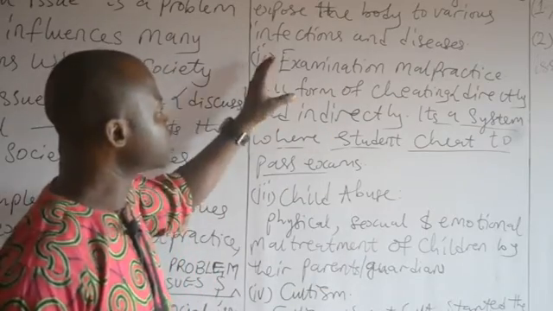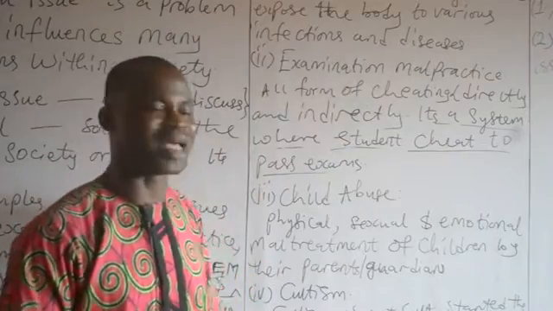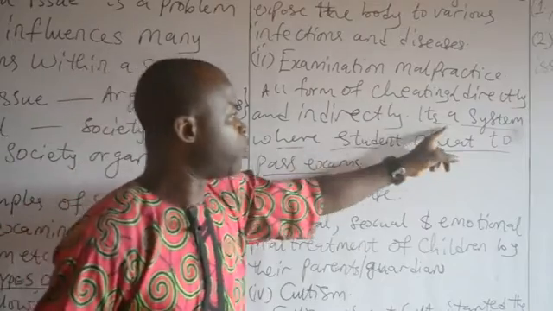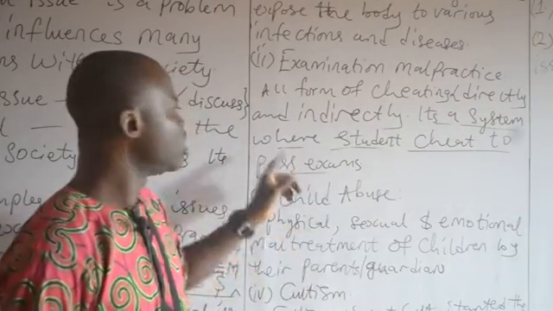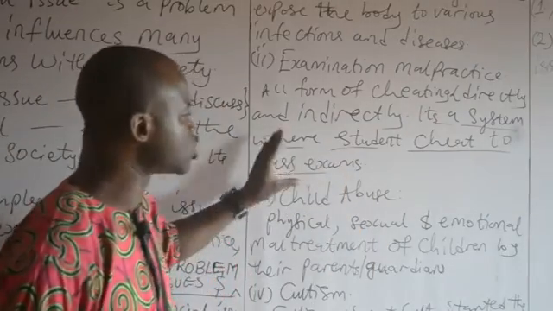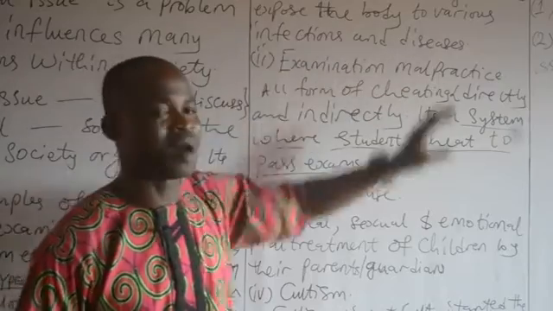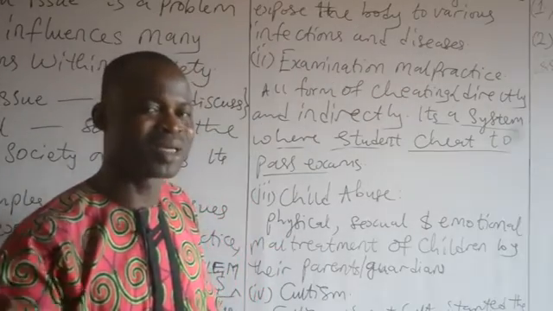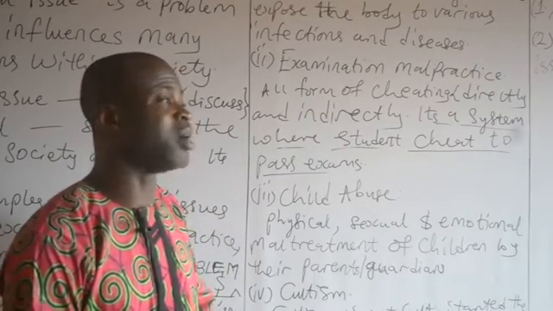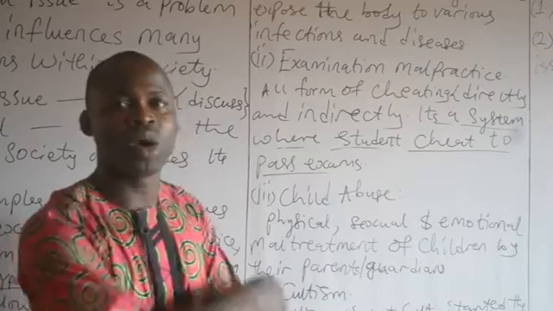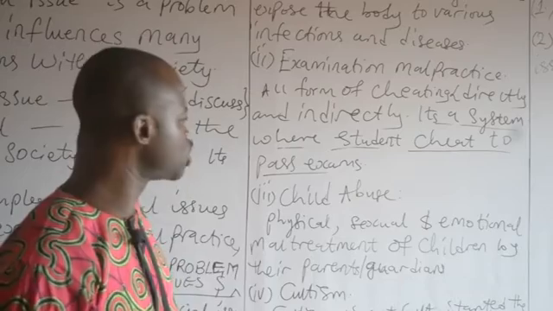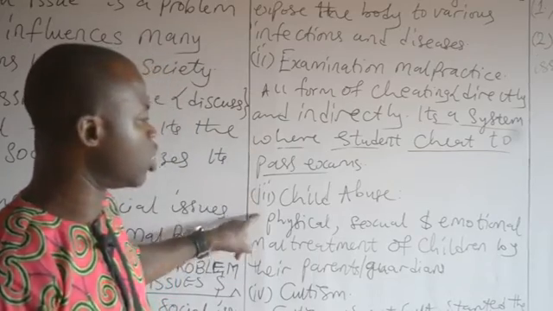Here, it is a system where students cheat to pass exams. This is known as examination malpractice, a social issue that is now a subject of discussion all over the country today. It is a major problem. So it is a social issue.